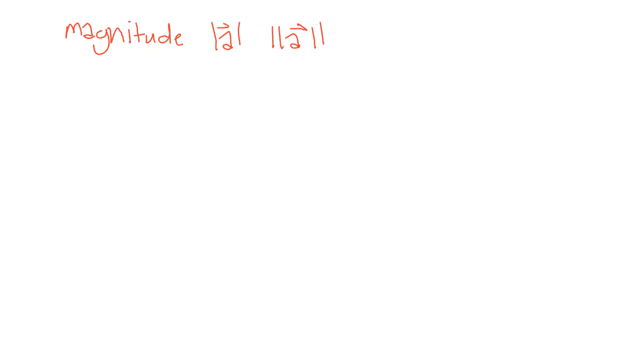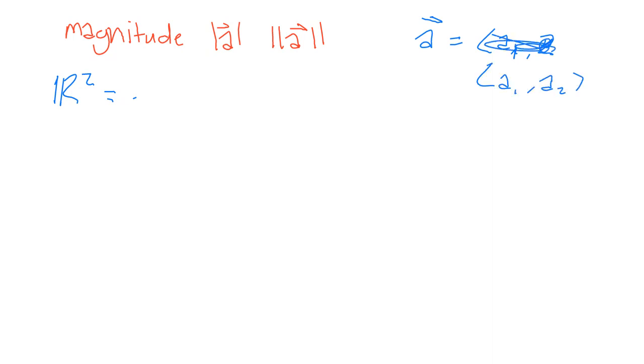There are two different ways we can solve it, depending on if you're in 2D or 3D. Vector A is equal to ⟨A1, A2⟩ in 2D, or ⟨A1, A2, A3⟩ in 3D.